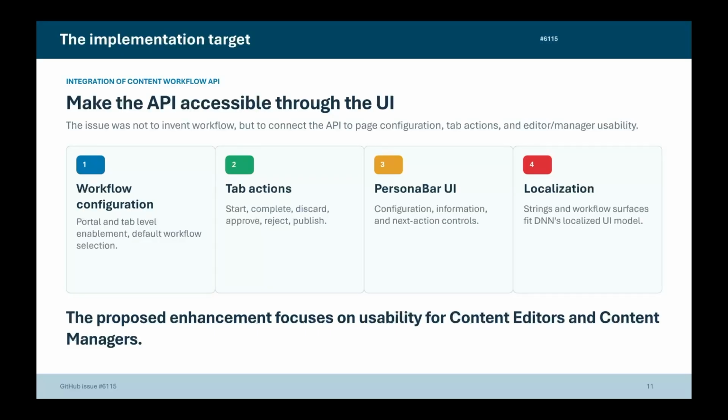We also need to introduce some new parts in the DNN UI, which is everything visible to end users. And there was also one interesting part related to localization that had to be taken care of, so that workflows could also be localized.